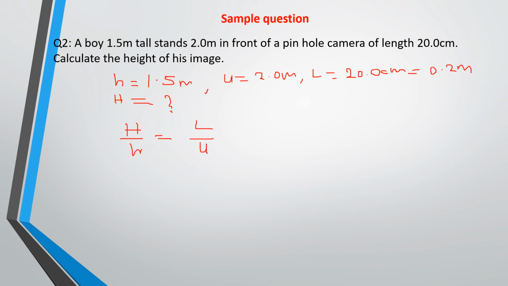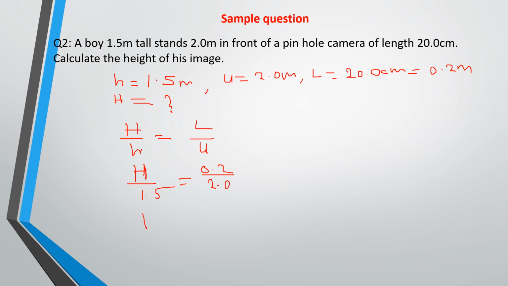So just substitute: image height over 1.5 is equal to length of camera, which is 0.2, all divided by the object distance, which is 2.0.